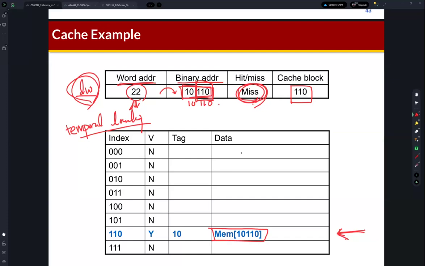This data is used by an application, a program.